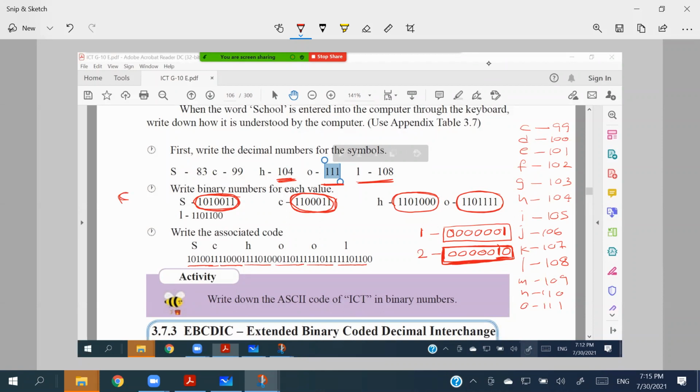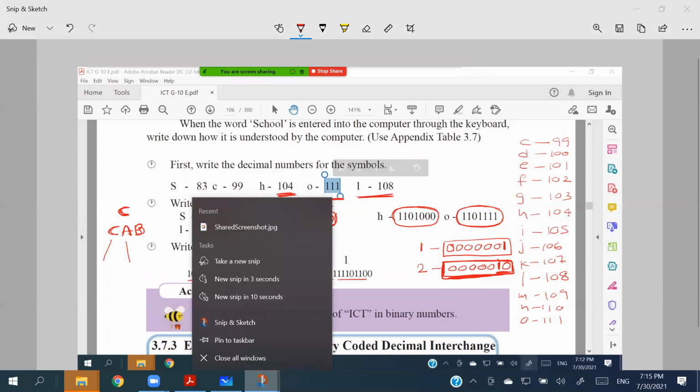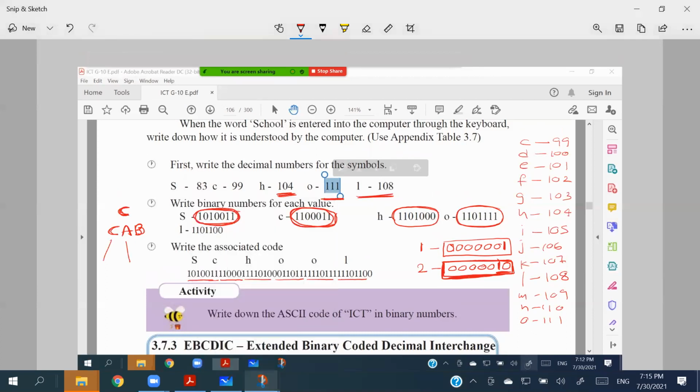Sometimes you will be given the value of C, and you are asked to write the ASCII code of CAB. Right? So you have to represent C in 7 bits, A in 7 bits, and B in 7 bits. And you don't need to memorize these values because it differs from paper to paper.